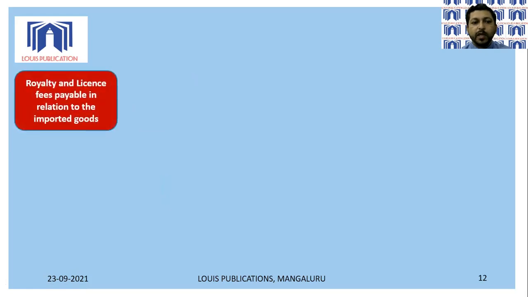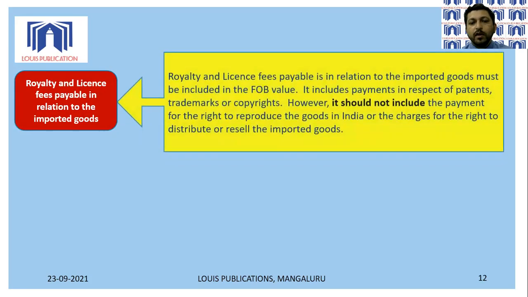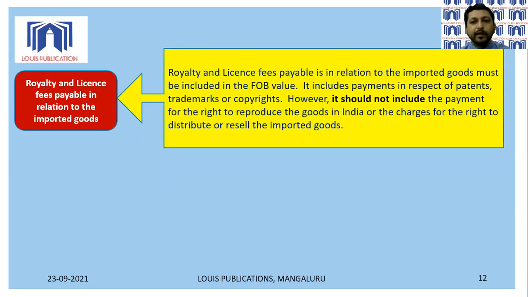Royalty and license fees payable in relation to imported goods. Today we talk about patenting. Today we talk about copyrights. Today we talk about the complete control on the sale of the product worldwide on the basis of patents and copyrights.